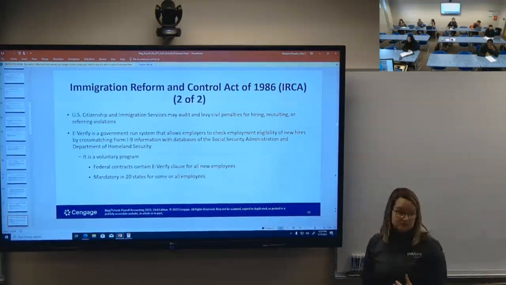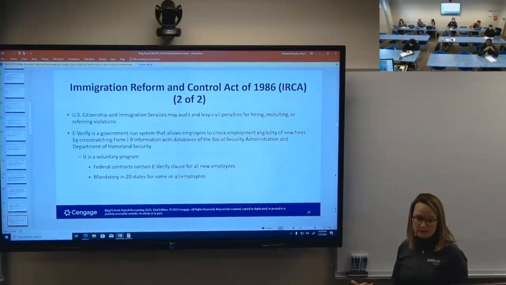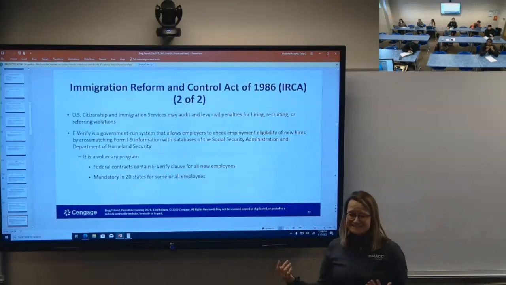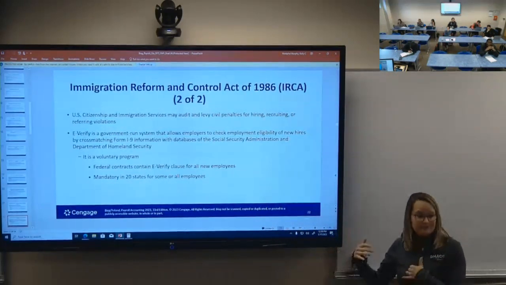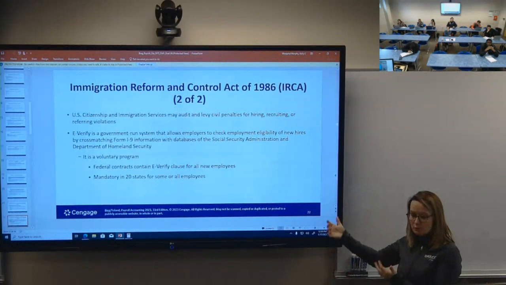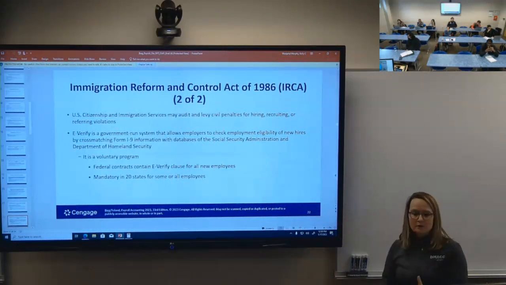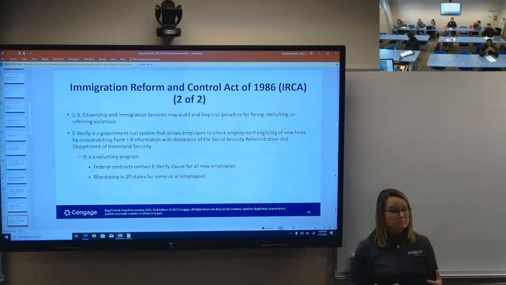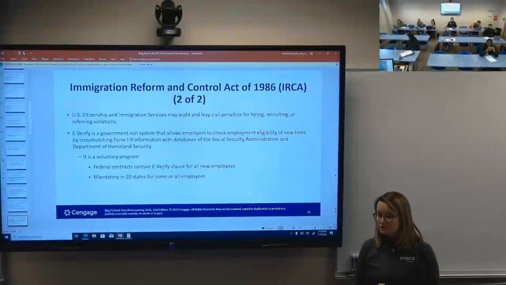There are some really hefty penalties for employers that employ individuals illegally. And if they didn't have the workers fill out the I-9 forms, there are also some very hefty penalties for that. The E-Verify system is available for employers to help mitigate any of those issues.